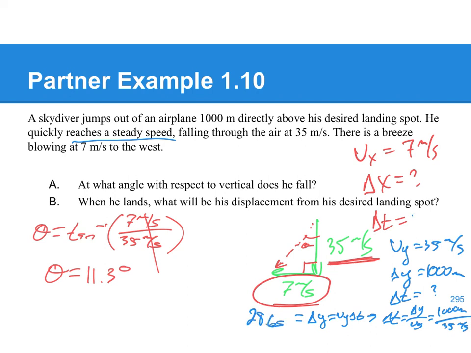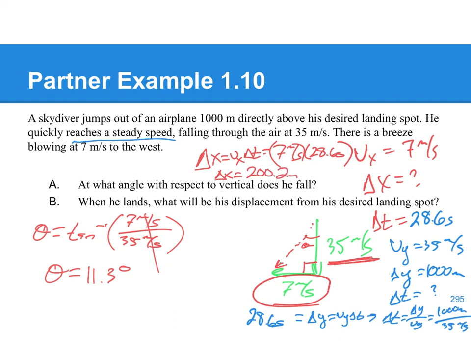Let's go ahead and plug that in right here, and then let's solve the other problem. So delta x is Vx delta t, which is 7 meters per second times 28.6 seconds that I got from the y. 7 times 28.6. He's going to land approximately 200.2 meters from where he should have fallen.